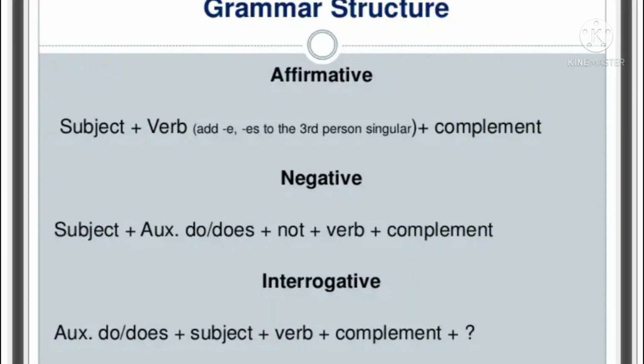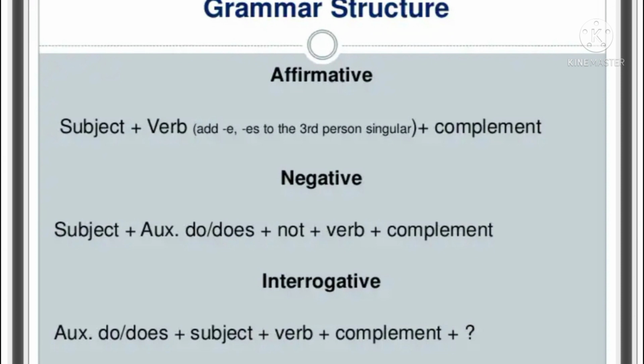In order to form a positive or affirmative sentence, this is the structure: subject, verb, complement or object. For example, she seems sad. That is the subject, verb, complement pattern. But when we frame negative sentences, we use do or does along with the verb: she doesn't seem sad.